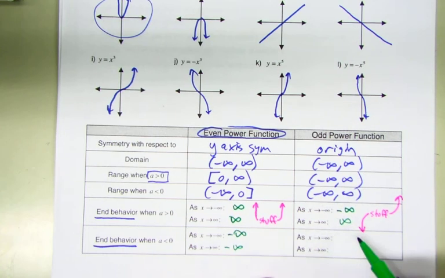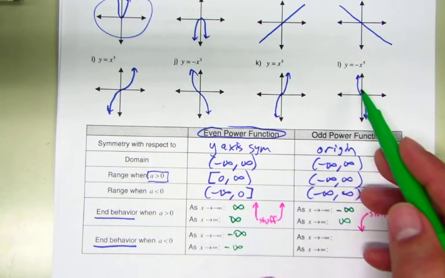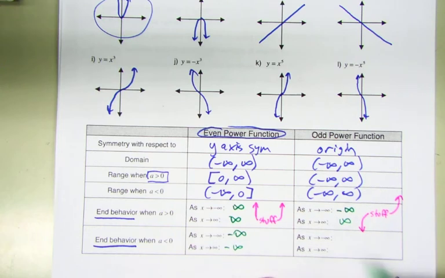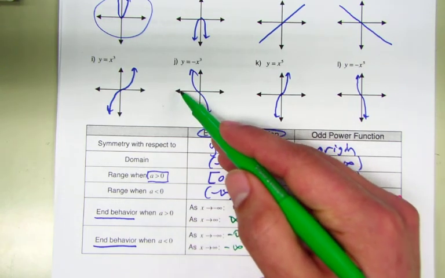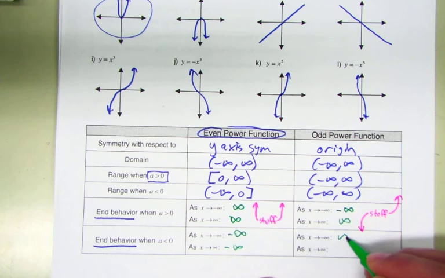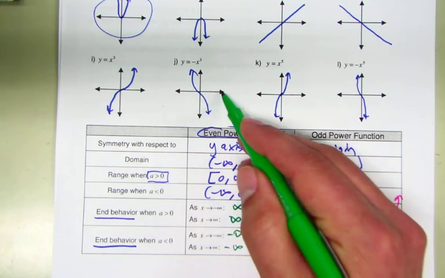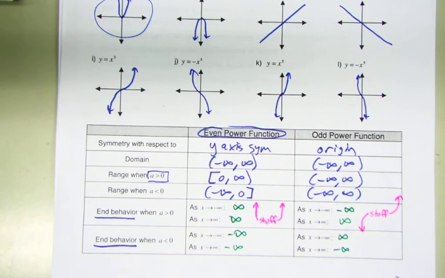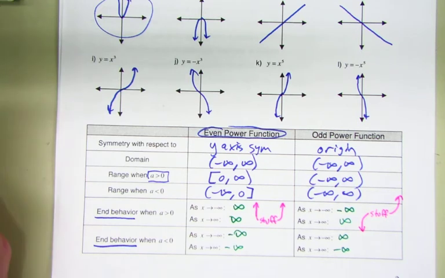Now for the odds, like J or L, if they have a negative coefficient, if we go left, we're headed to positive infinity, and if we go towards the right, in the y direction, we're headed towards negative infinity.